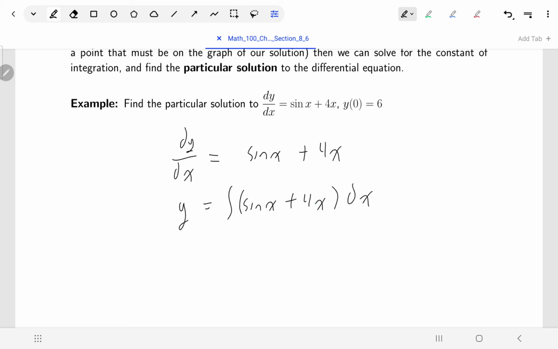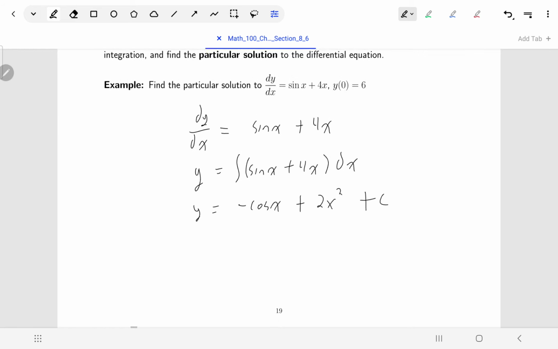And that's not too hard to do because I know that the antiderivative of sine is negative cosine. And for 4x, it would be 4x squared over 2, which is the same thing as 2x squared. And then, of course, plus our constant c, and that would be our general solution.